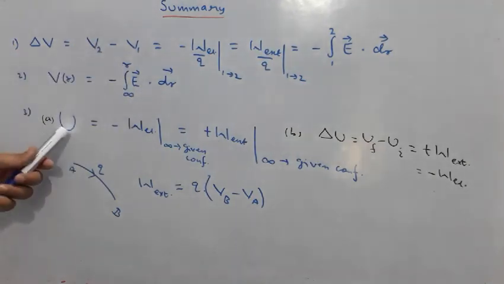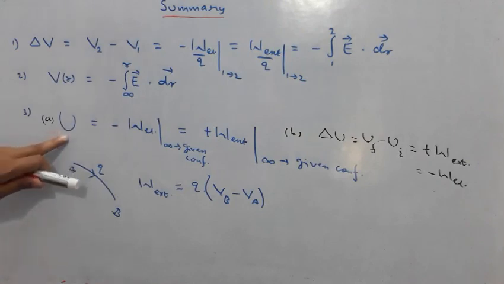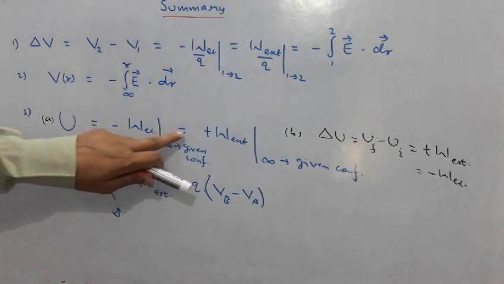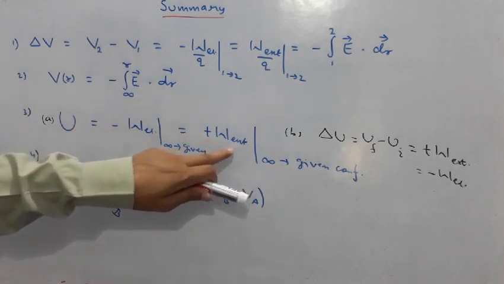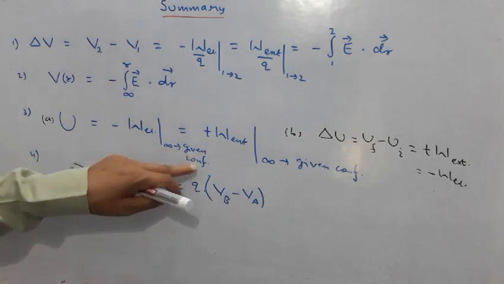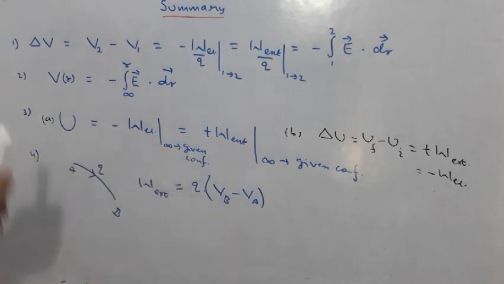After that we discussed potential energy. Potential energy is defined as negative of work done by electrical forces, or positive of work done by the external agent in assembling the charges from infinity to the given configuration.